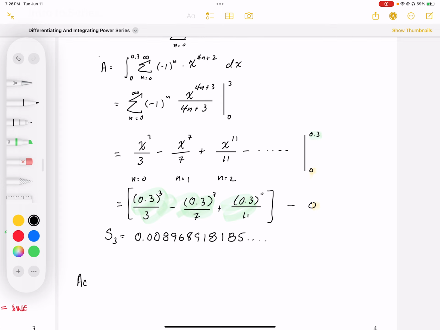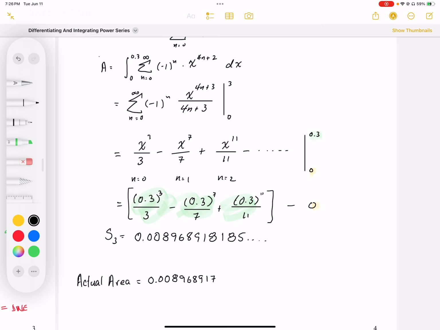When I work out the actual area, I did this using an integral function on Desmos. So the actual area worked out to be 0.008968917.